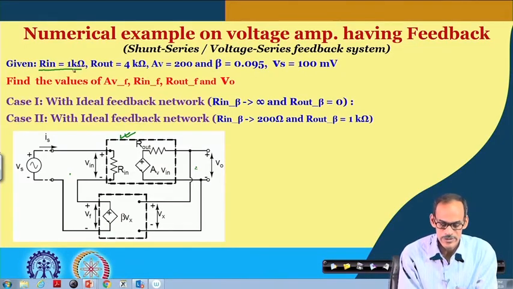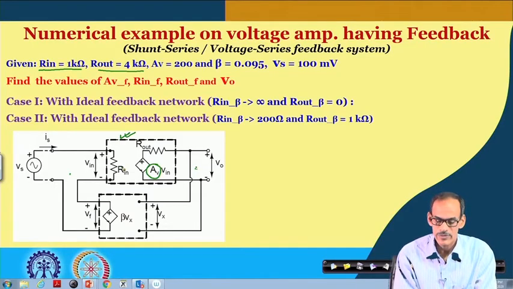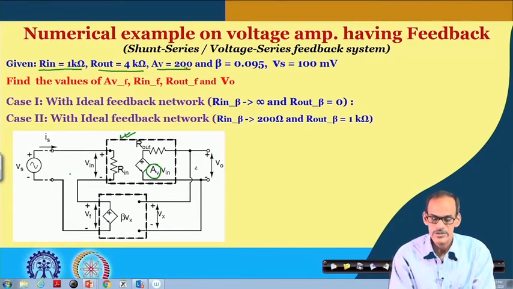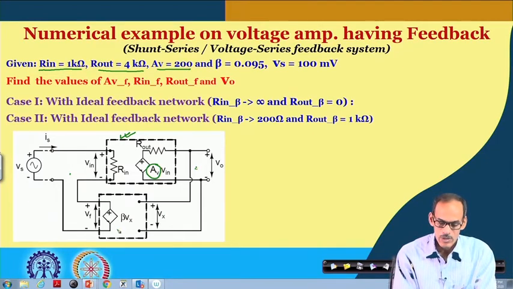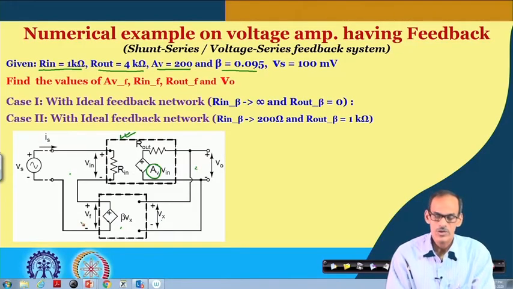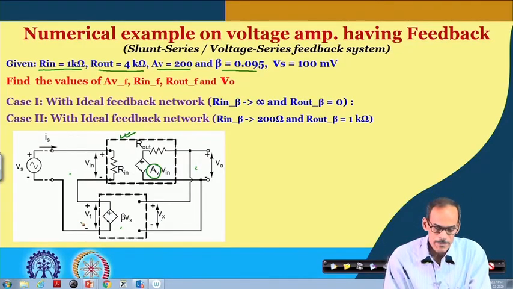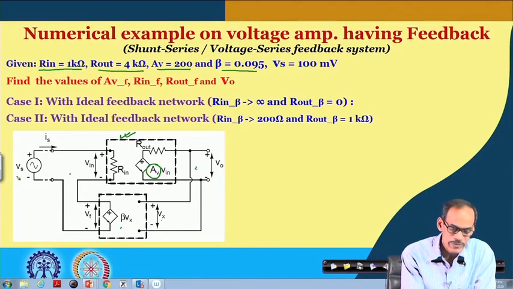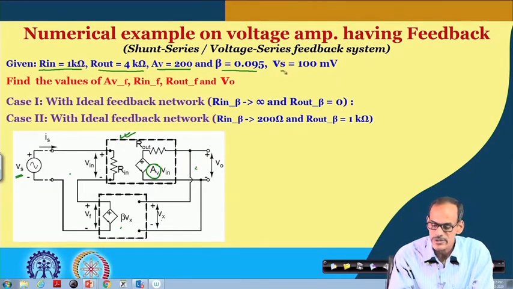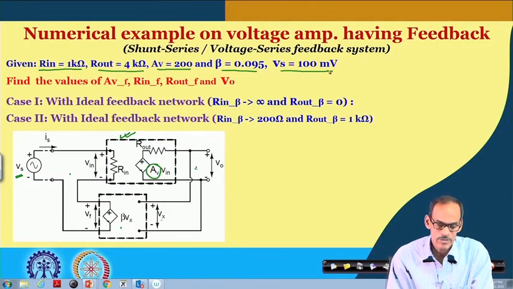The given parameters are here. Input resistance is 1 k, output resistance is 4 k, AV, the gain of the forward amplifier in ideal condition, is 200. On the other hand, for the feedback circuit the beta is given equal to 0.095. Of course, this is converting voltage to voltage, so it is unitless, and also we do have signal source V s having say 0 source resistance and V s equals to 100 millivolt.